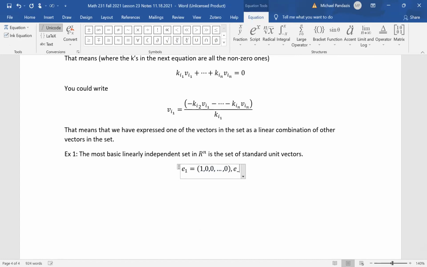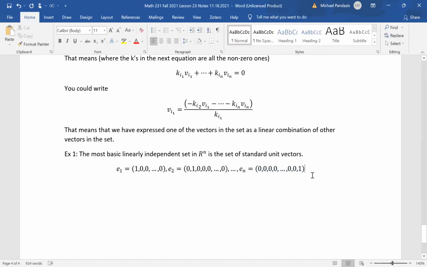And then e2, which has the second component 1 and everything else 0. They all have n components. And then e sub n is 0, 0, dot, dot, dot, 0, 0, 1, where the 1 is in the last component. So all the n vectors from e1 to en, with dot, dot, dot in the middle, are the standard unit vectors of Rn, and it's a linearly independent set. None of those vectors can be expressed as a linear combination of the other ones.